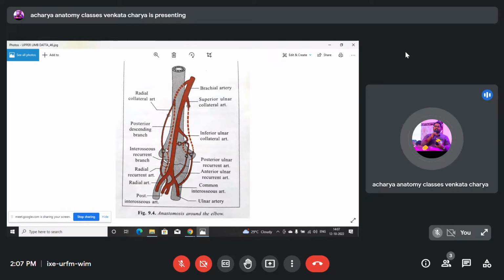Anastomosis with the interosseous recurrent artery. So it is a branch of posterior interosseous artery. It is a second anastomotic point.